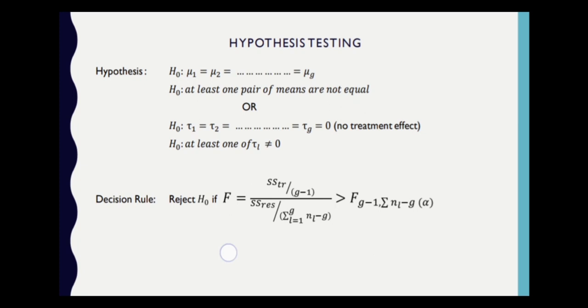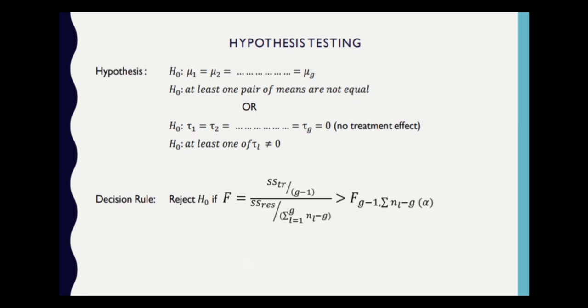If this test statistic is more than the F distribution, which is kita comparekan F statistic with the F distribution with degree of freedom of treatment and residual, SS treatment dan SS residual. If this test statistic F is more than F distribution that you find from the F table, so we reject H-not.